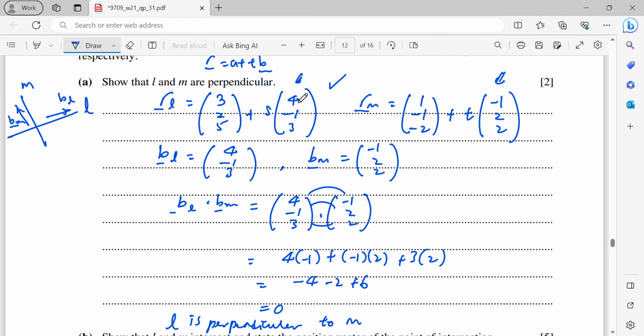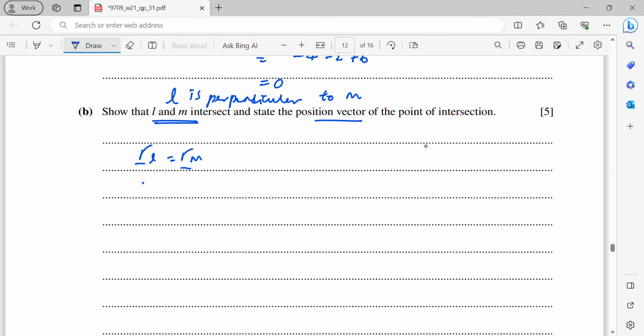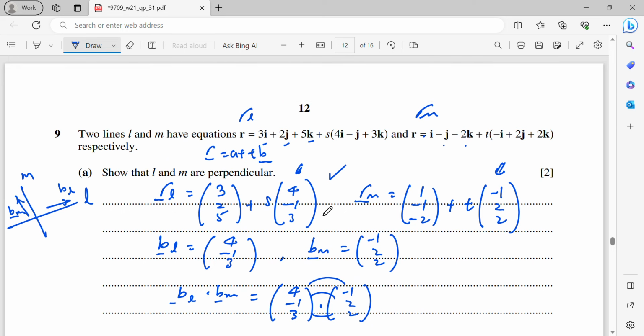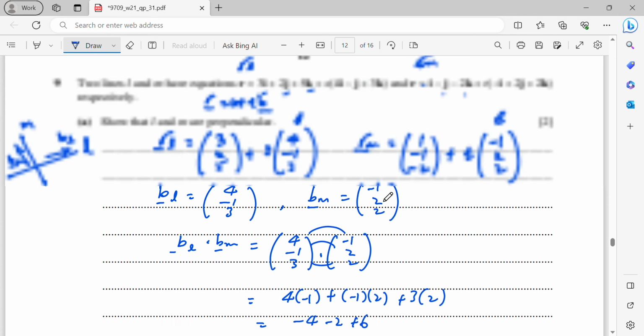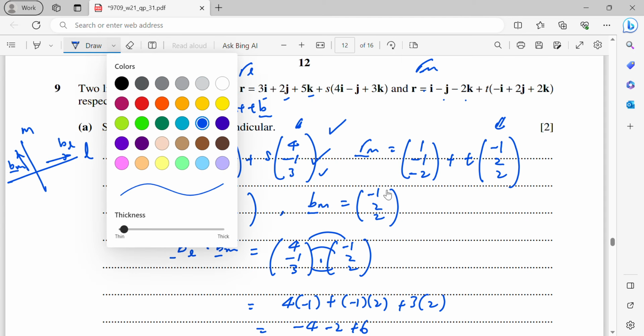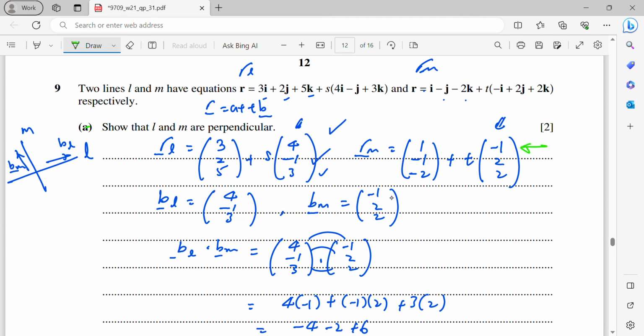Then you get 3 plus 4s for the first component, then the second component is 2 minus s, then 5 plus 3s. All equal to rM, which is 1 minus t, minus 1 plus 2t, and then minus 2 plus 2t.